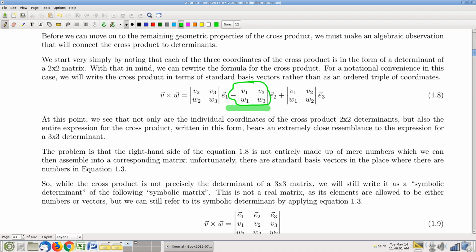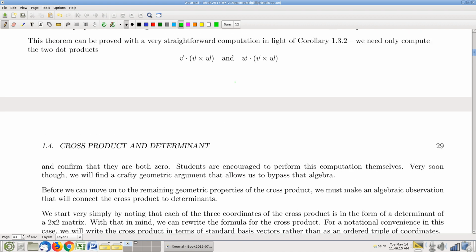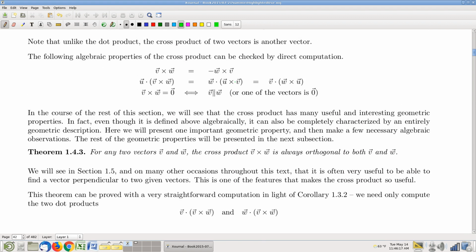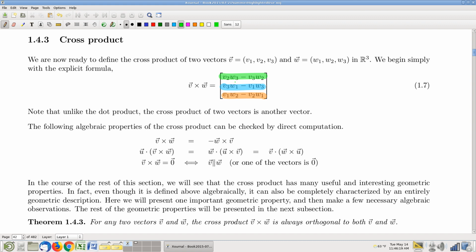And you've got to look at the devil's in the details here: V1W3 minus V3W1, but don't forget the minus sign. This is actually V3W1 minus V1W3, which is exactly what this is. Yeah, great question.